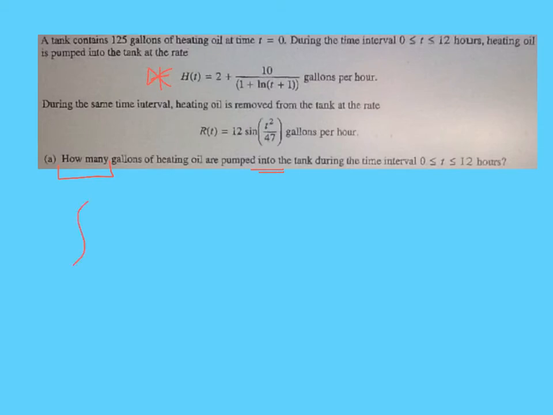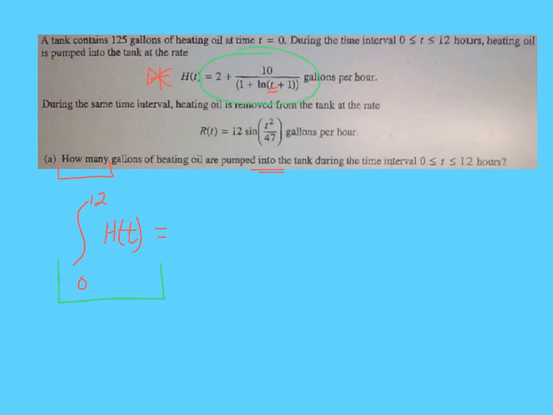Now this is just being pumped into the tank, so we're only looking at the first equation here. So I'm going to take the integral from 0 to 12 of H(t). So this is simply a calculator type question. We're going to plug in 12 for time, and we will get the total. Now it's a good idea when you answer this question to make sure that you're showing what it is you're doing. So give them some sort of equation. You don't have to write out the whole thing here.